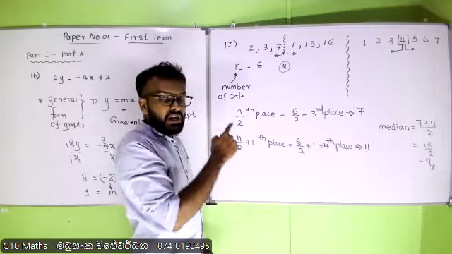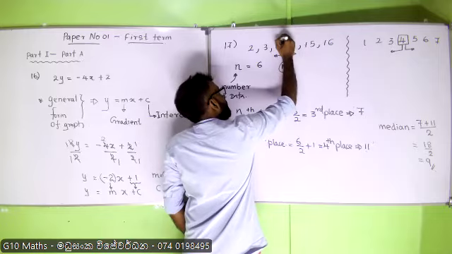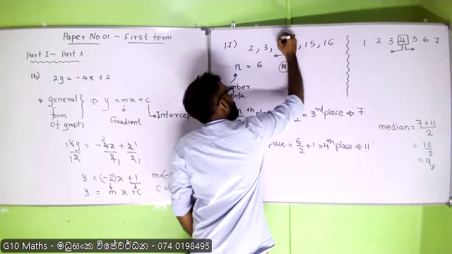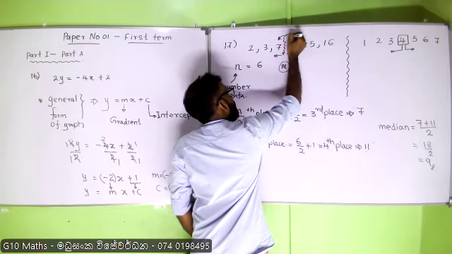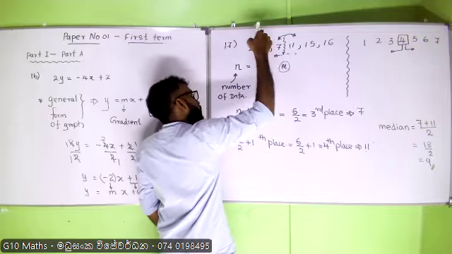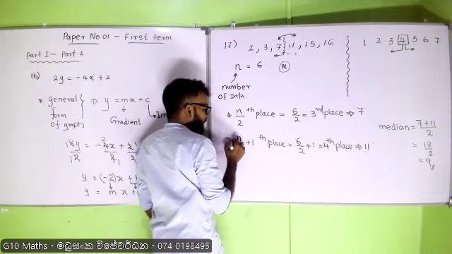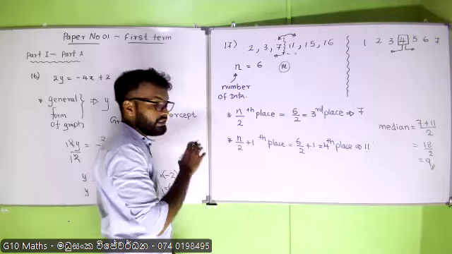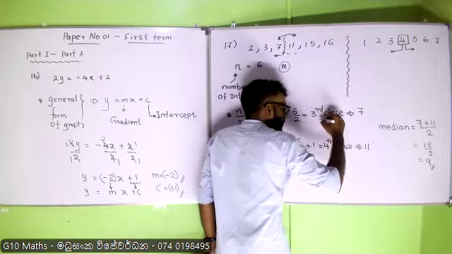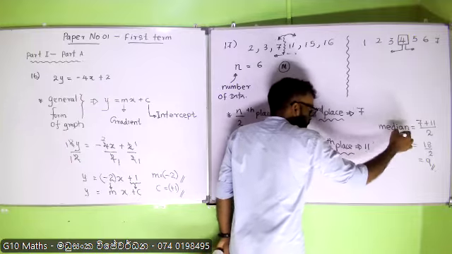To find the middle value, we take 2 consecutive places for the middle place. For that, we calculate n divided by 2 and n divided by 2 plus 1. That is the theory for finding the 2 consecutive places in order to find the median.